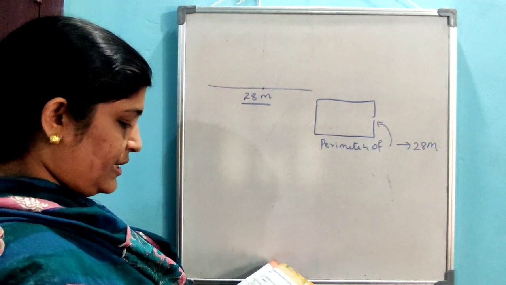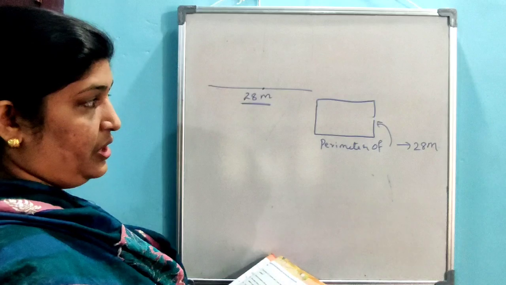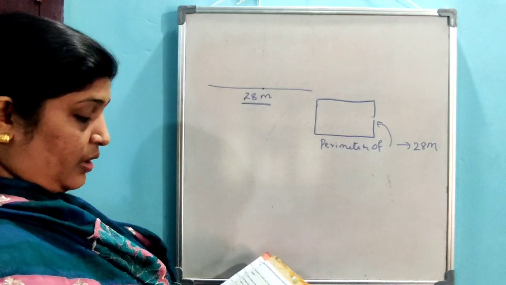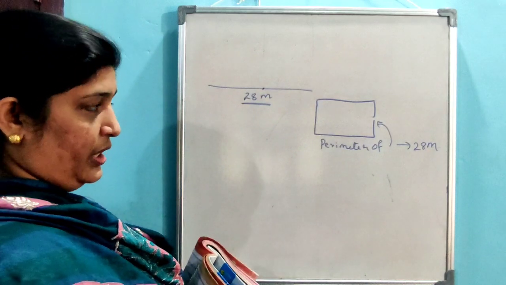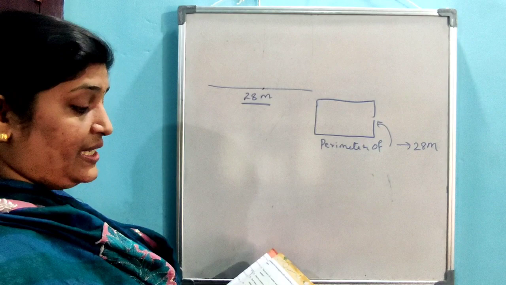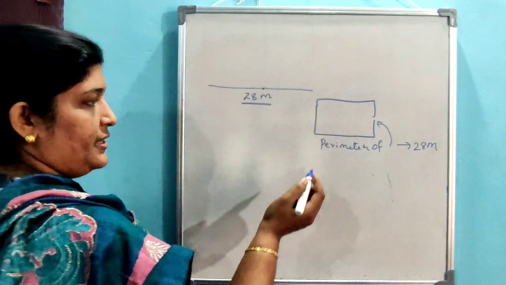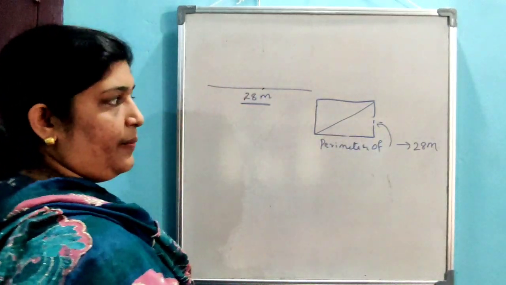And here the question is, can a rectangle of diagonal 8 cm be made? If we bend this 28 meter long road, can we make a rectangle of diagonal 8 cm? Which one is the diagonal? Yes, this is the diagonal.